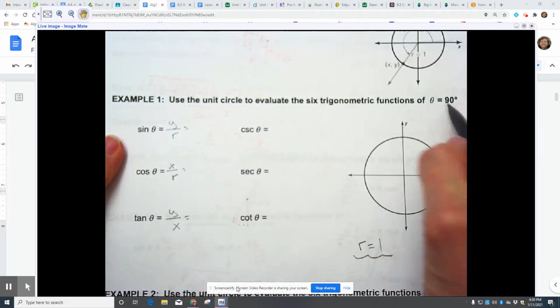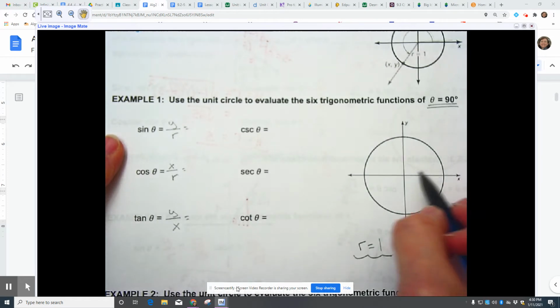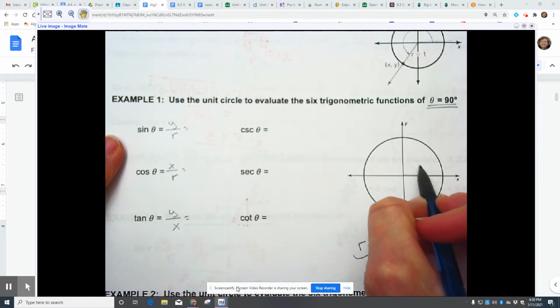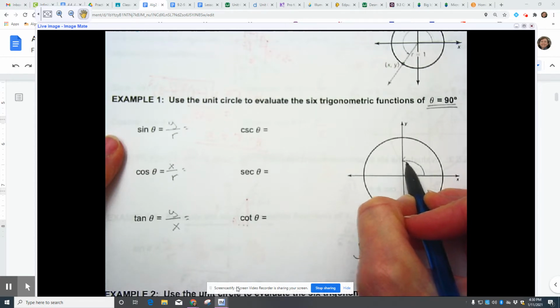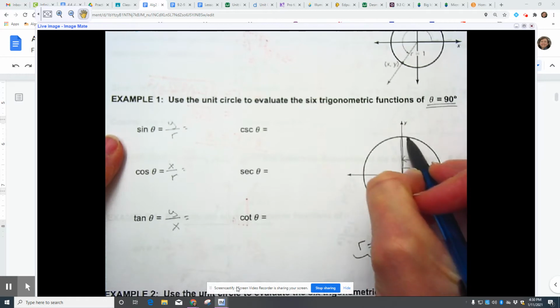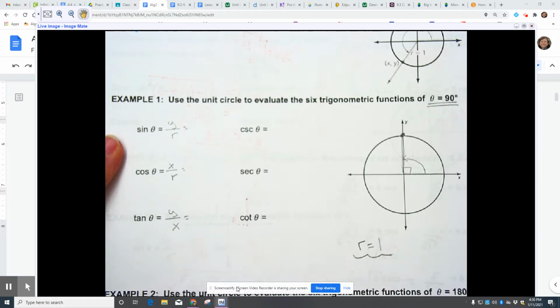Now all of these for example 1 are going to be 90 degrees. So you can think, well, 90 degrees, if I start here and I rotate up to there, here's the terminal side, here's my 90-degree angle. So I'm right here on the coordinate grid.